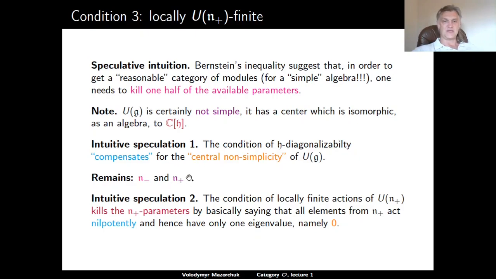Basically, it prescribes that the elements of n plus act locally nilpotently and hence have only one eigenvalue, namely 0. So this is some kind of rough intuitive description of why we need these kinds of conditions.